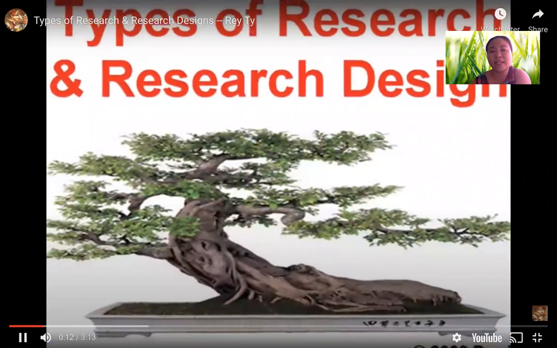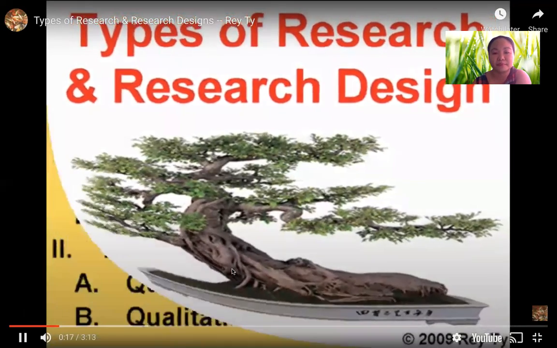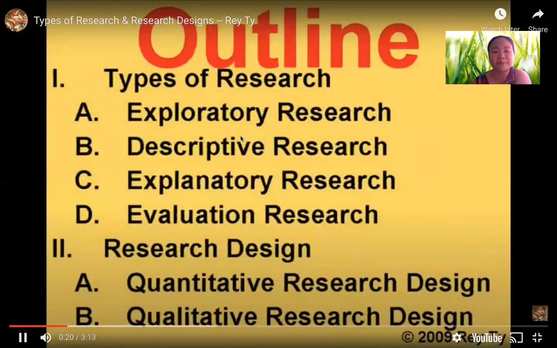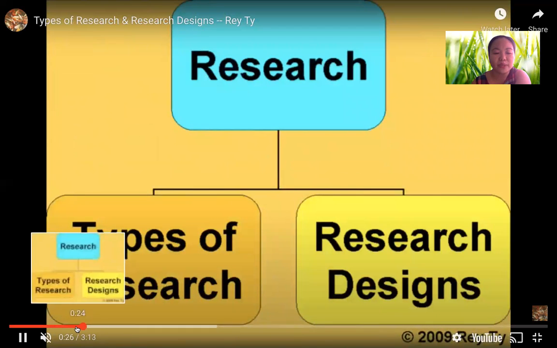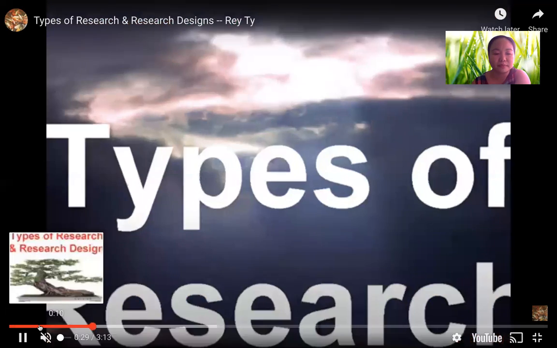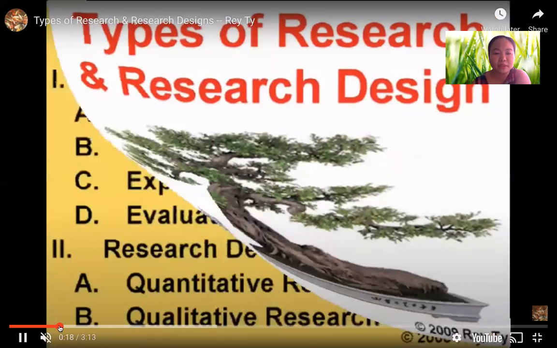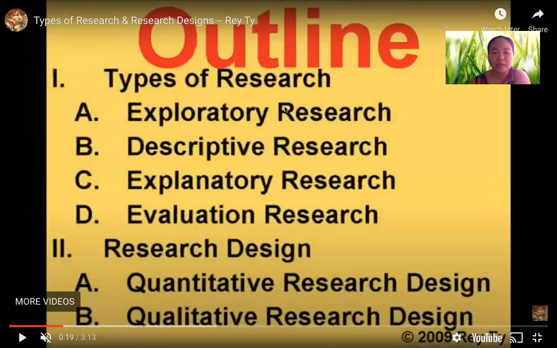So these are the types of research. So this can be exploratory, descriptive, explanatory, or evaluation.